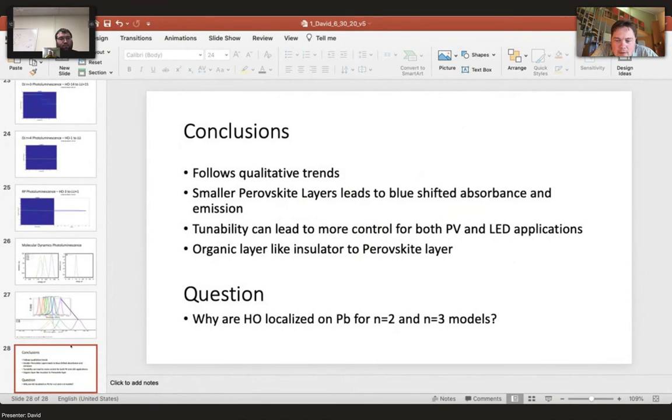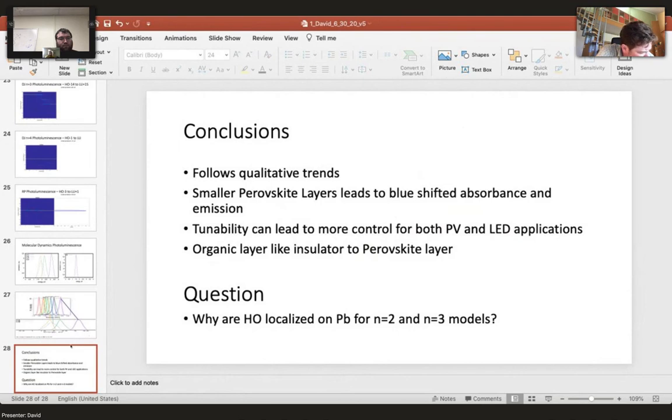So, in conclusion, we see that our model follows the qualitative trends that we see from the experiment. The model is tunable, so we can have control over our results for both photovoltaics and LEDs.